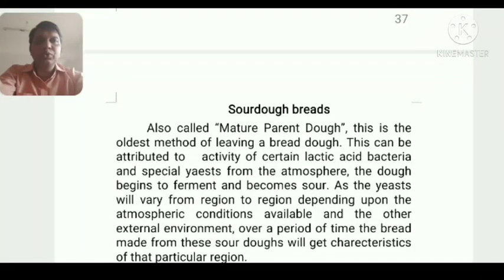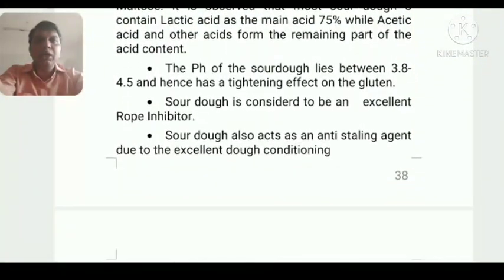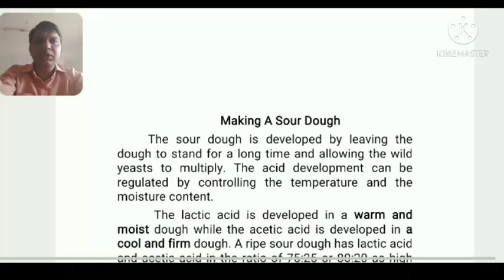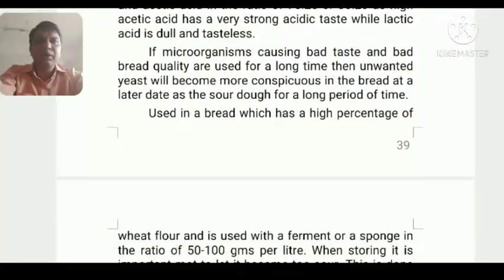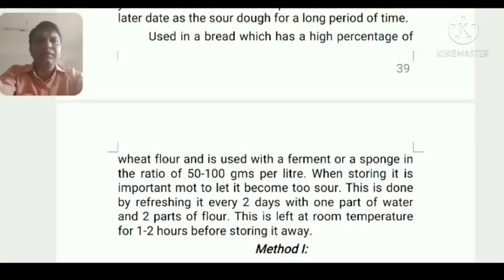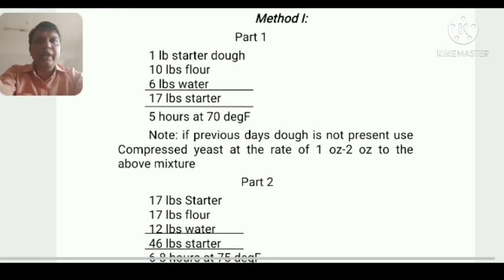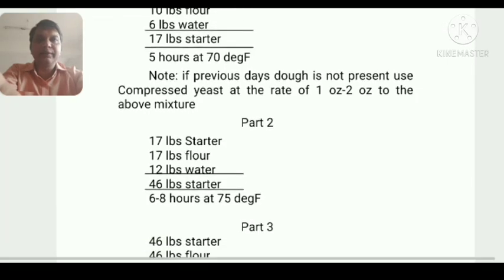Now we are going to see the common steps used in making any dough. In the slides, you can see the making of sourdough. Sourdoughs are very popular, naturally fermented doughs kept so that the sour flavor develops.